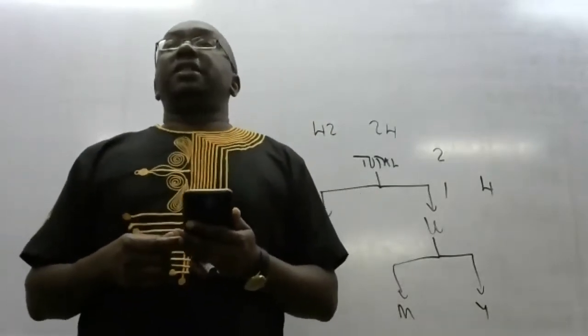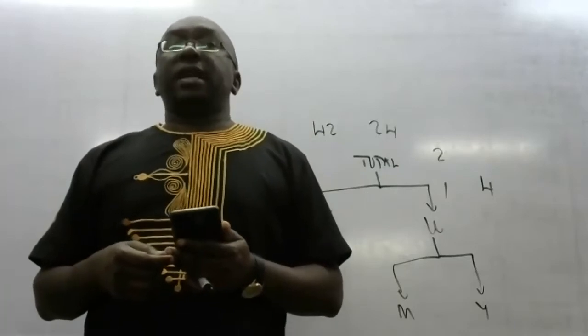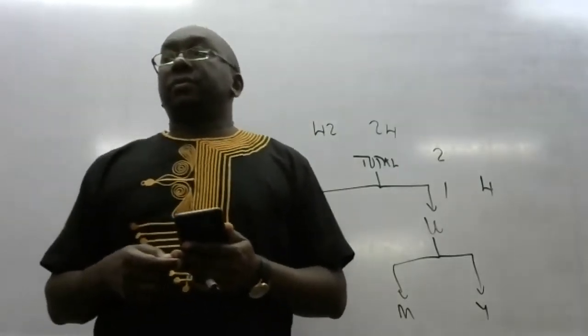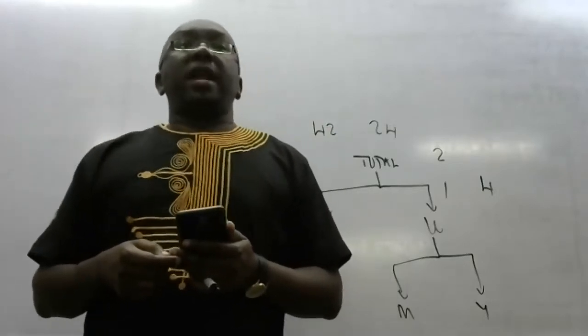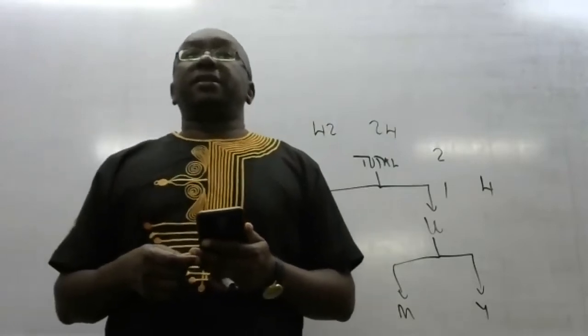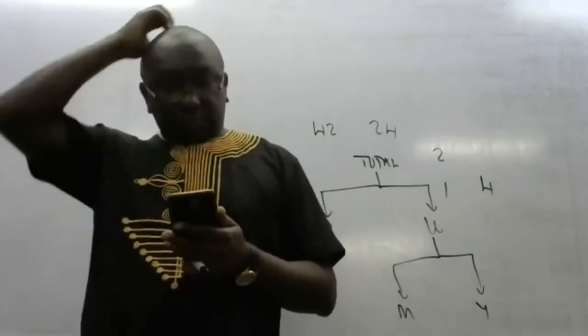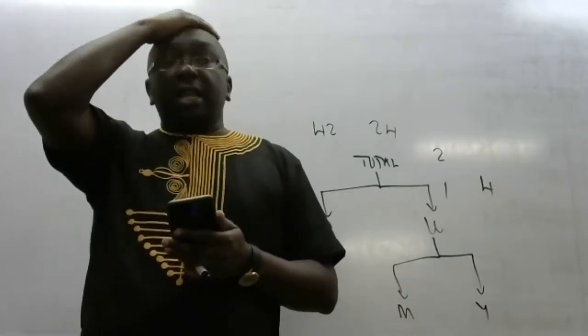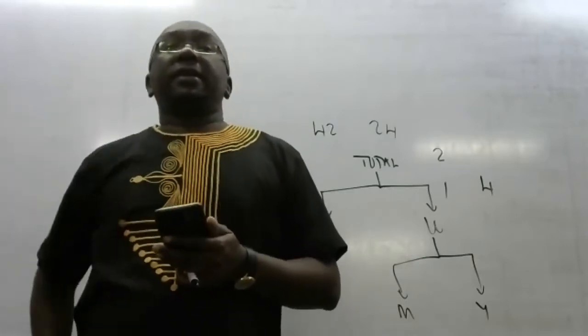Number 3 is the size of the variance. Another one is the type of the variance. Another one is past patterns.